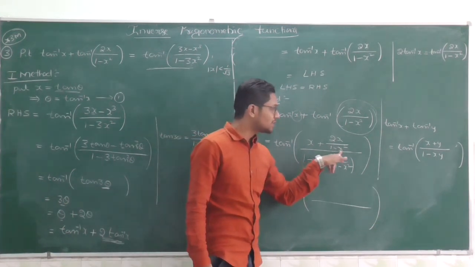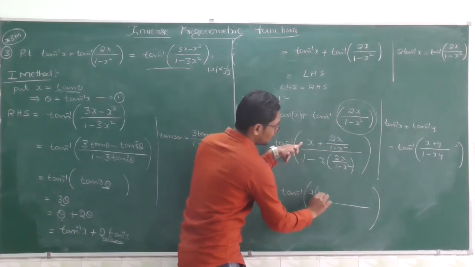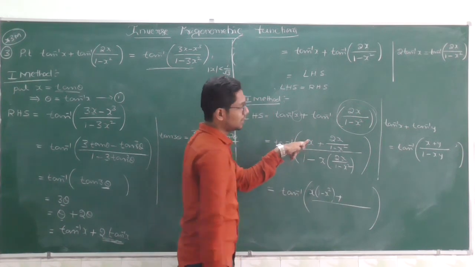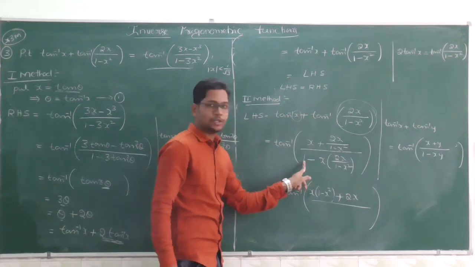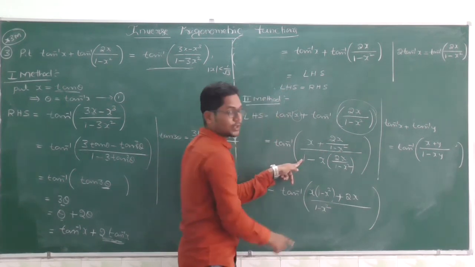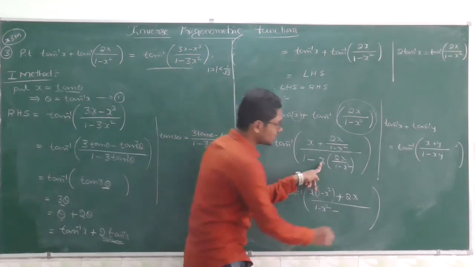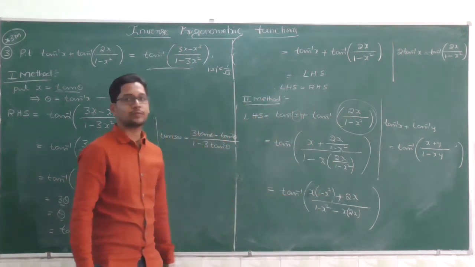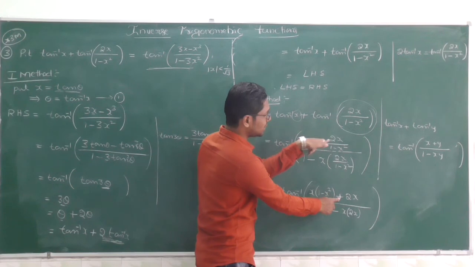In the numerator, x into 1 minus x square plus 2x.